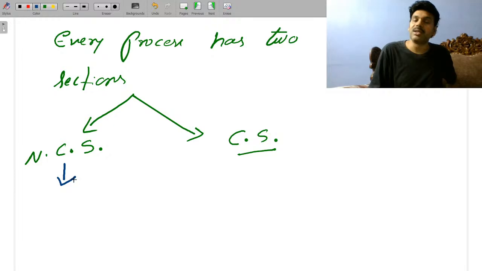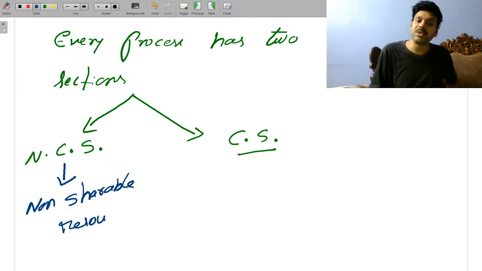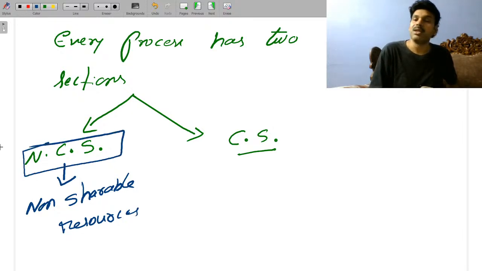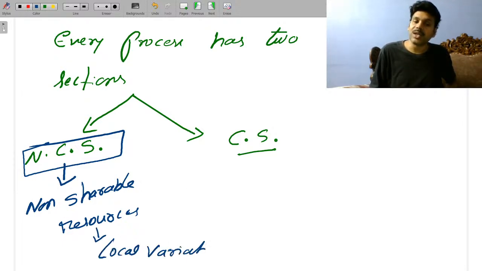In this non-critical section, I am not going to place any kind of shared resource; it consists of only non-shareable resources. Non-shareable resources are placed in the non-critical section because they are not going to be shared with others. That's why local variables and local functions, all we are going to keep in the non-critical section only.